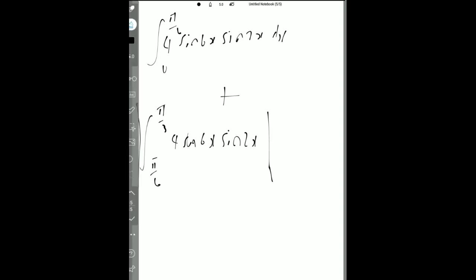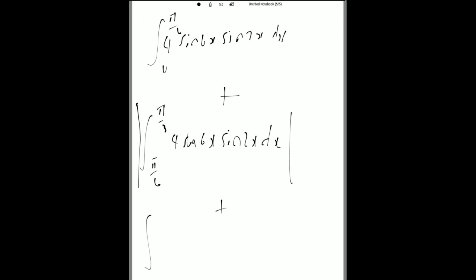Oh, we're supposed to be integrating with respect to x. So yes, finding the absolute value of that and adding it to the integral of the very same thing, 4 sine 6x sine 2x with respect to x from pi over 3 to pi over 2.